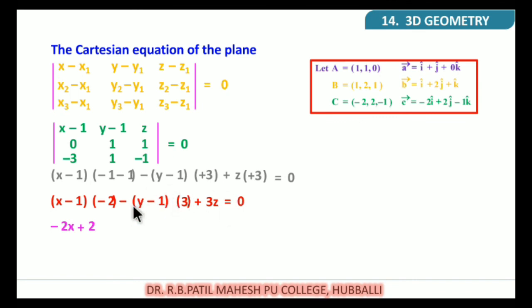So 3 into y, so that becomes minus of the bracket of minus 3y and minus 3, plus 3z is equal to 0.